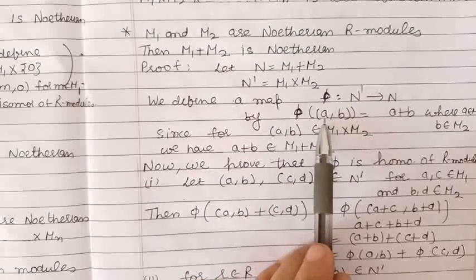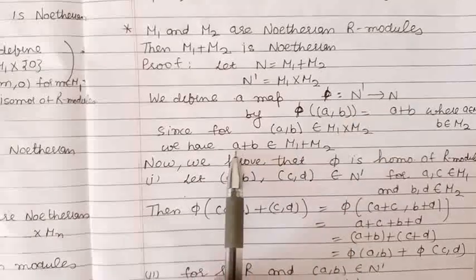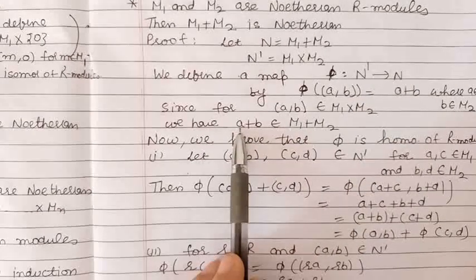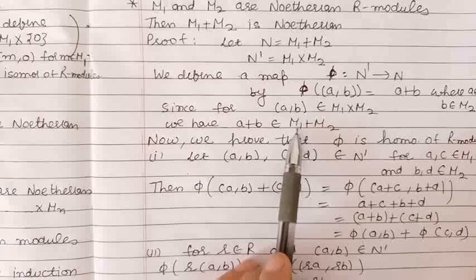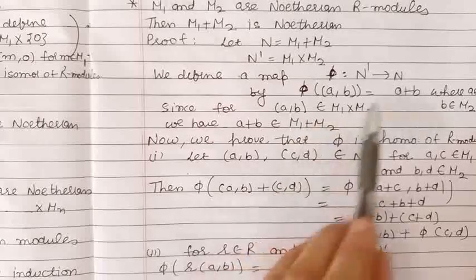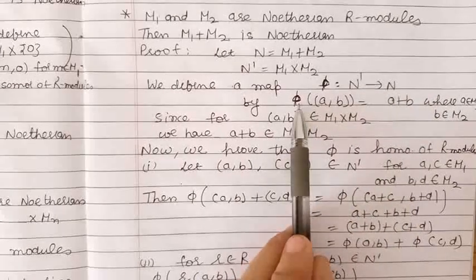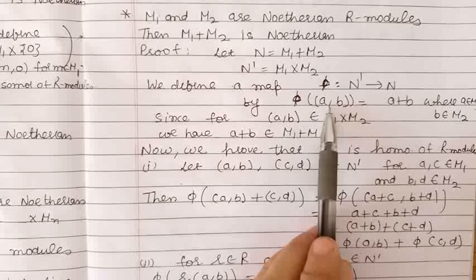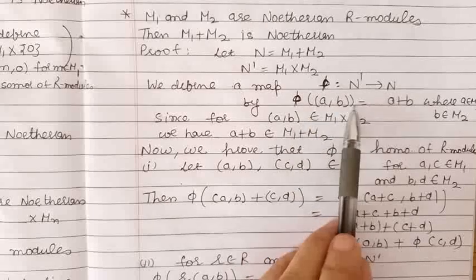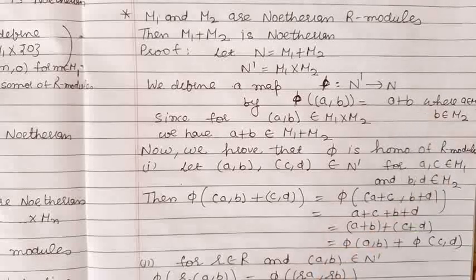Now, because A belongs to M1 and B belongs to M2, A plus B will be an element of module M1 plus M2. M1 plus M2 is N. So we can define the mapping: the image of the ordered pair (A, B) under the mapping phi is equal to A plus B. In this way we have defined the mapping phi.